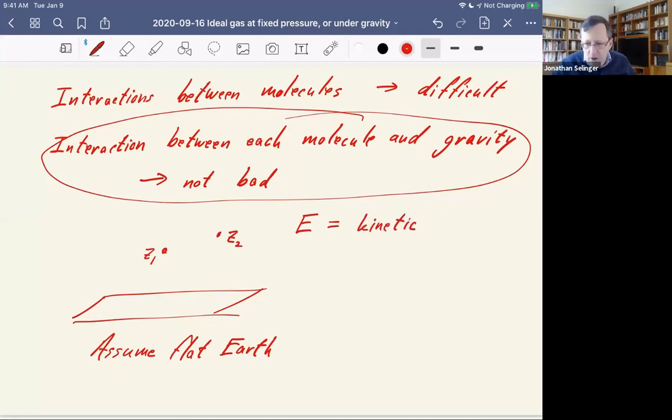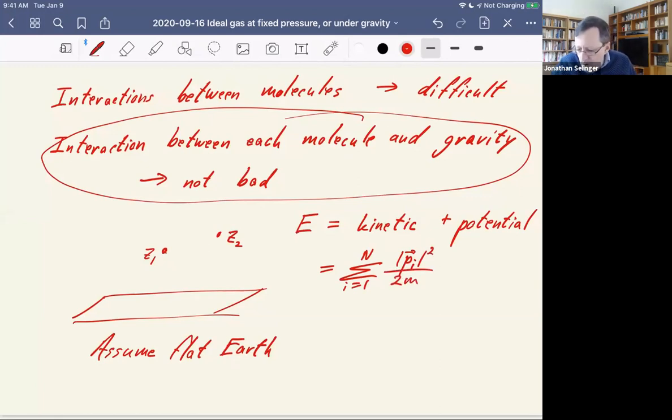Okay. So now we have the energy for each state, and that is the kinetic energy that we had before plus potential energy. Now, the potential energy is the gravitational potential energy of the molecule in the Earth's gravitational field. So the kinetic energy is still the sum over all the molecules of the momentum squared over 2m.